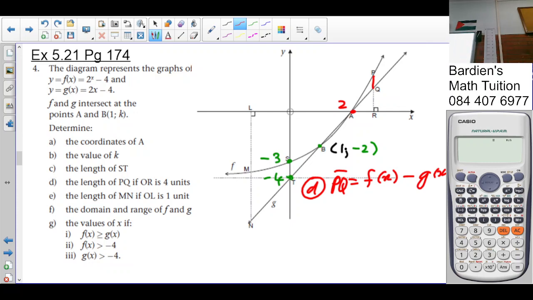But we are told that OR is 4 units, so what's your x value at that point? Will it be 4? Not so? The x value is going to be 4. So in other words, I'm going to work out f of 4 minus g of 4. But okay, let's just simplify it first.